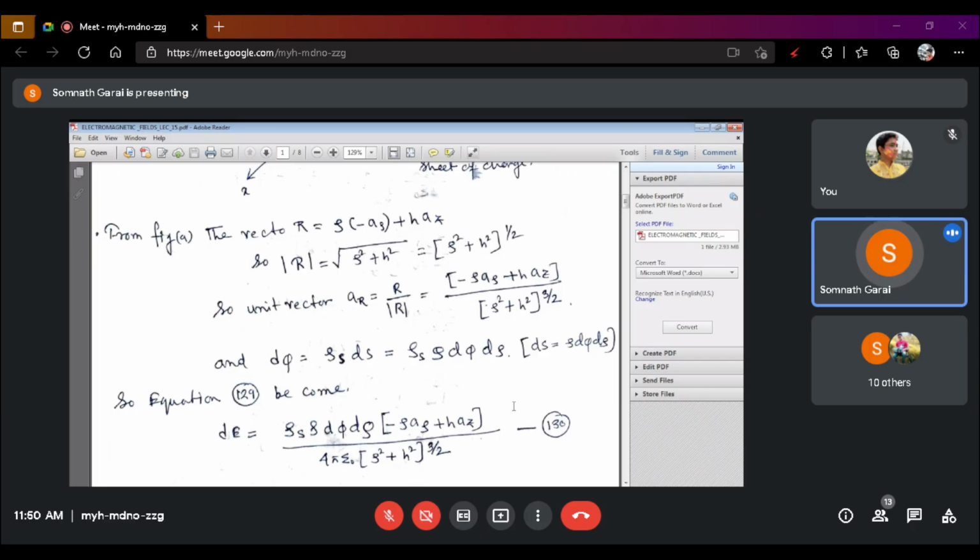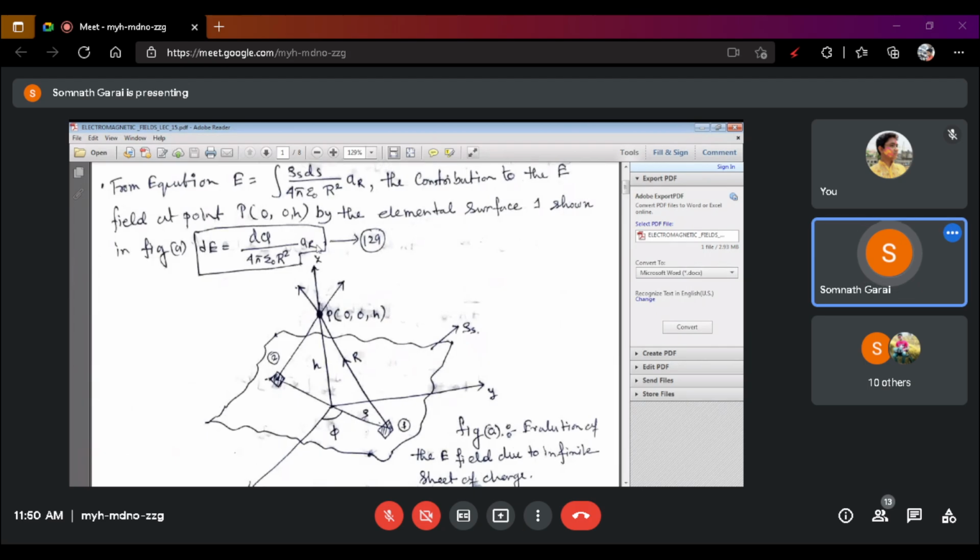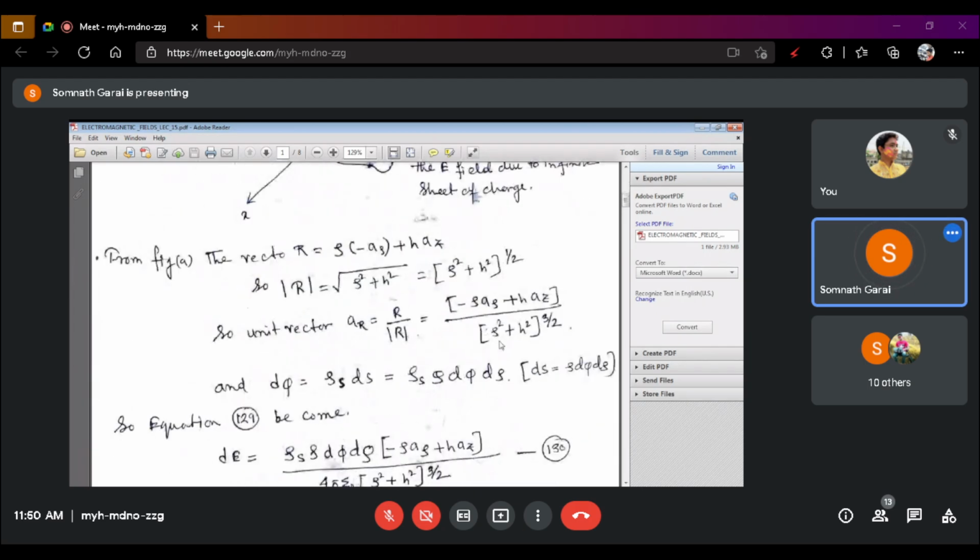That's why dq is replaced by rho s rho d phi d rho, and this ar is replaced by minus rho a rho plus h az divided by rho square plus h square to the power 3 by 2.